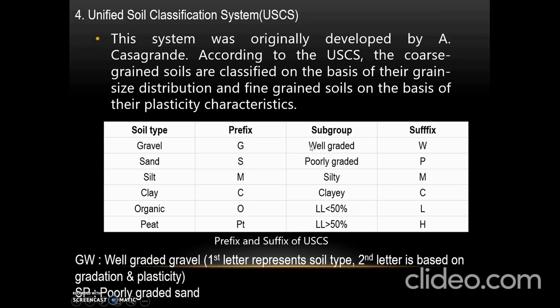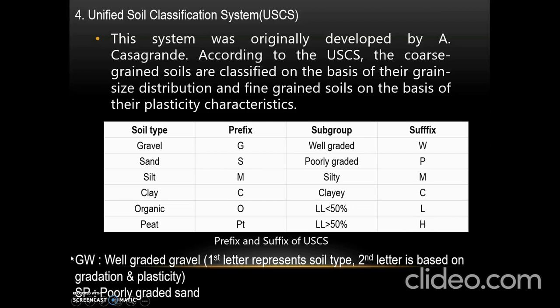So this is how we can remember very easily. For poorly graded, the first letter is P. For silty, it is M. For clay, it is C. And if liquid limit is less than 50%, we represent by suffix L. And if liquid limit is greater than 50%, the suffix used is H.